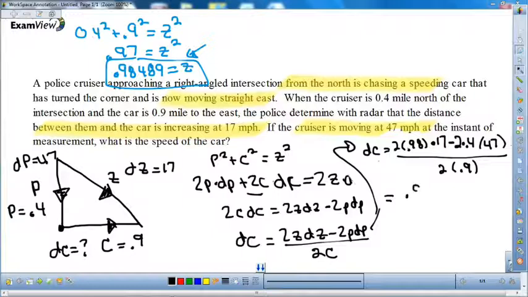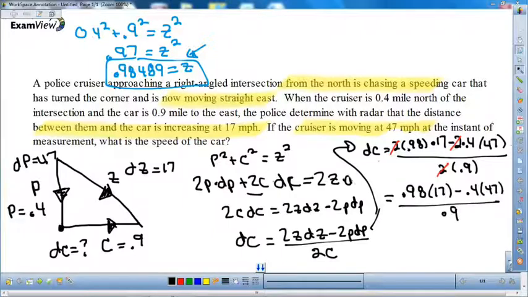So that's going to give me 0.98 times 17. One of the things that I did first is notice that they all have a 2, so I canceled the 2 just to make the calculation easier. You don't have to, especially since we're using a calculator.